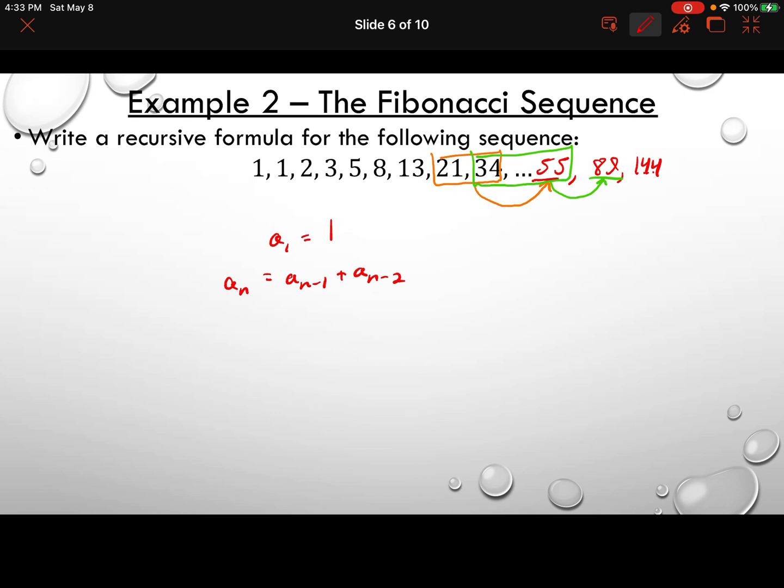So, did I make a mistake here? Should that one be 1? I think I am missing something. Yeah, I think I'm missing 0 here. Should be 0. There we go. That makes more sense. So wait, am I still messing that up? I'm trying to think what I did wrong here.